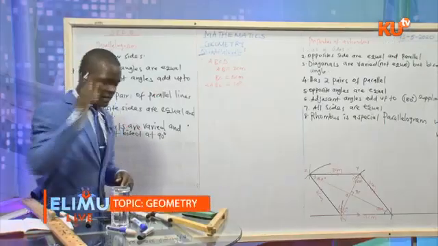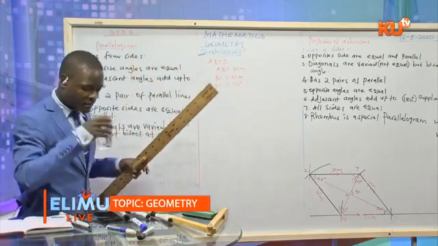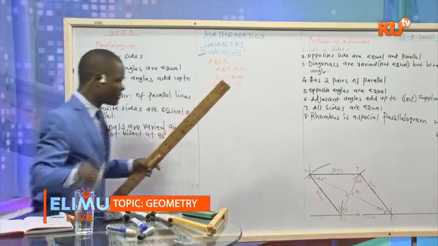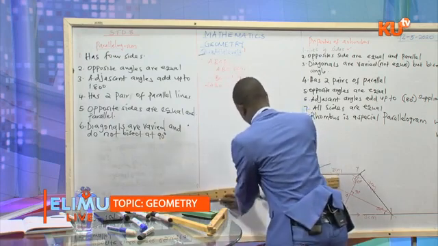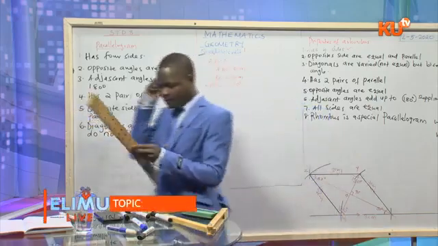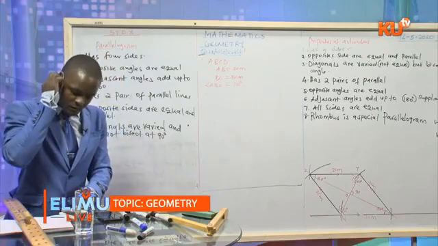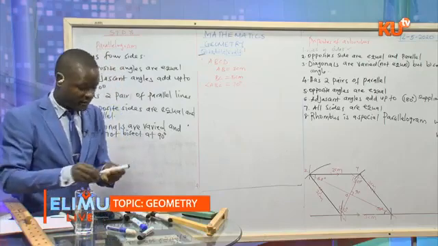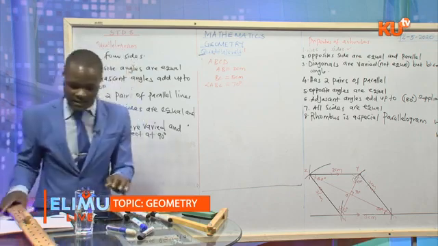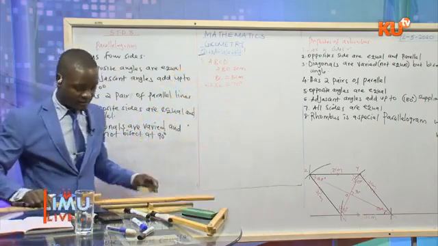So you start by drawing a straight line. Then after that, you measure line BC, 5 centimeters.